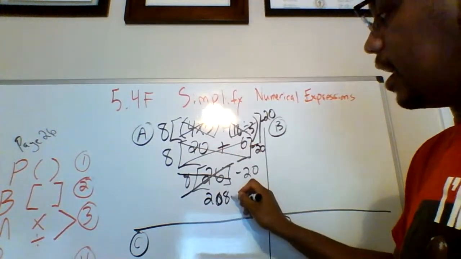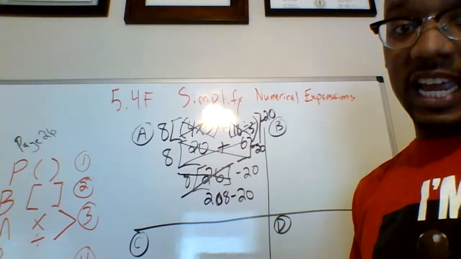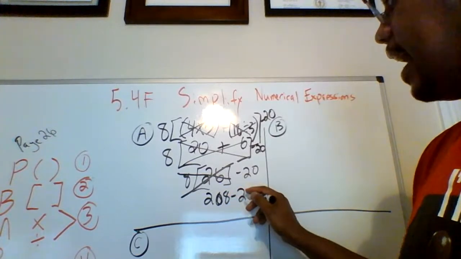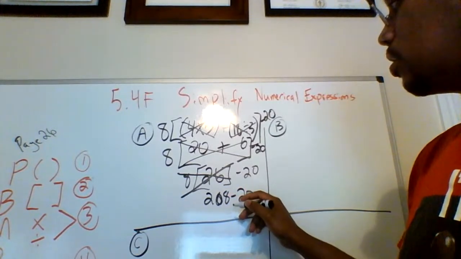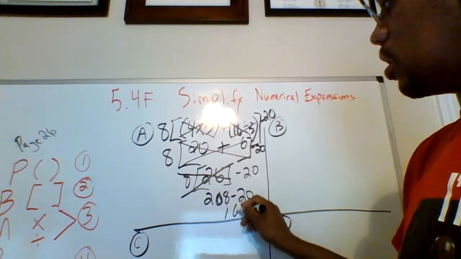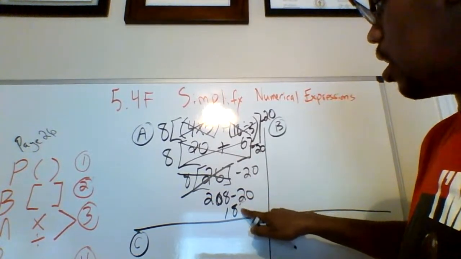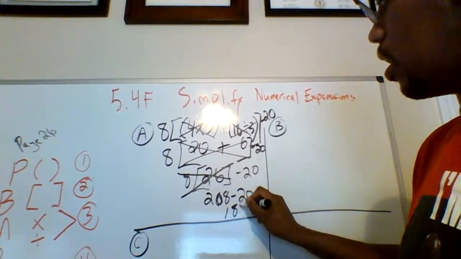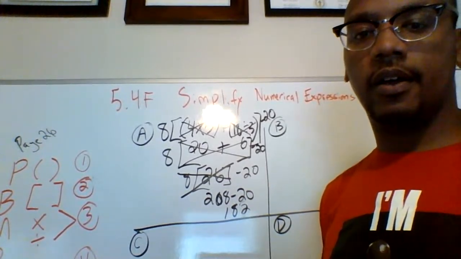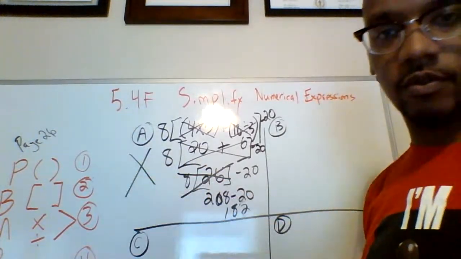And 208 minus 20, well, you take 8 off of that. 182. All right? That's nowhere near 18. So you know A is wrong.